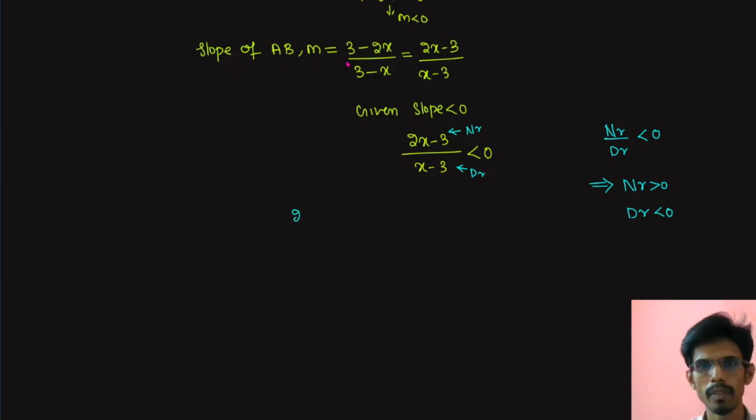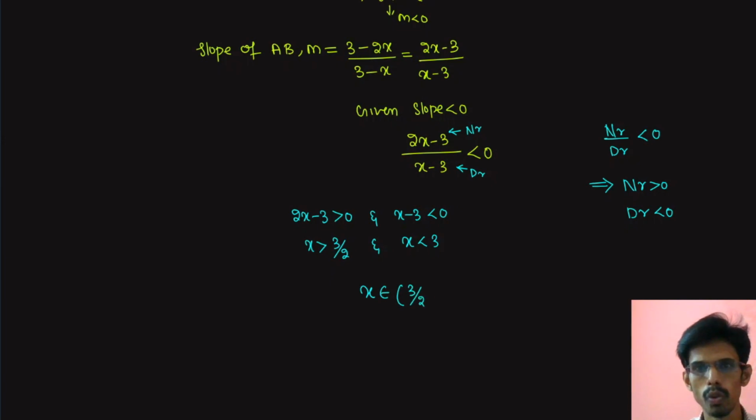So it means that 2x minus 3 must be greater than 0 and x minus 3 must be less than 0. So x must be less than 3 and from here x must be greater than 3 by 2. So by combining these two, the range of x will be 3 by 2 to 3.